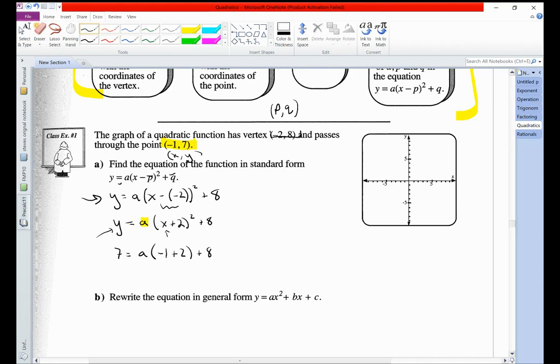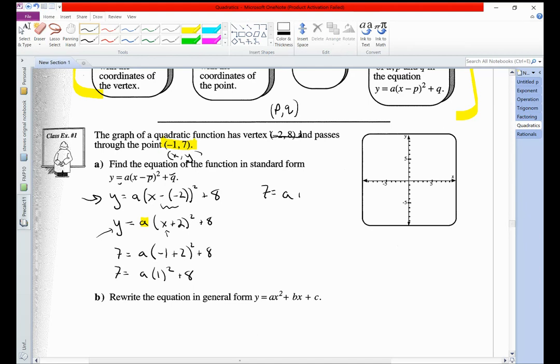So -1 plus 2 is +1. That's squared. +1 squared is just 1.